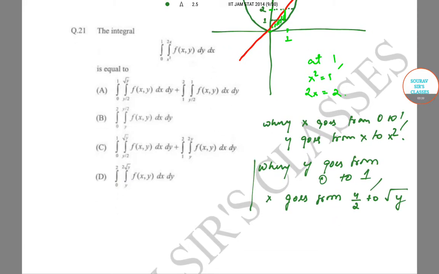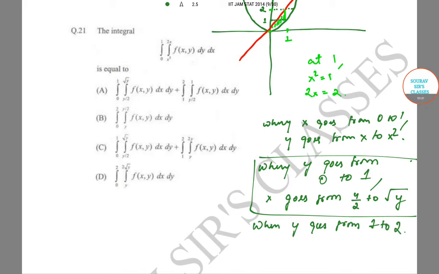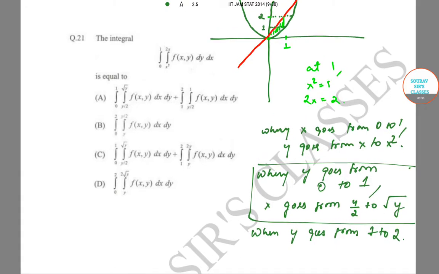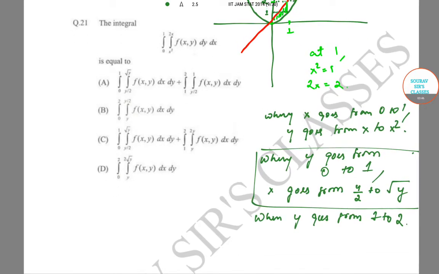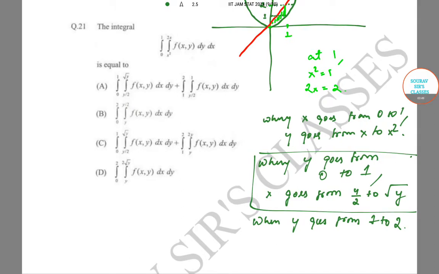However, this is one part, and when y goes from 1 to 2, x starts from the y by 2 line but goes only till 1. X goes from y by 2 to 1.